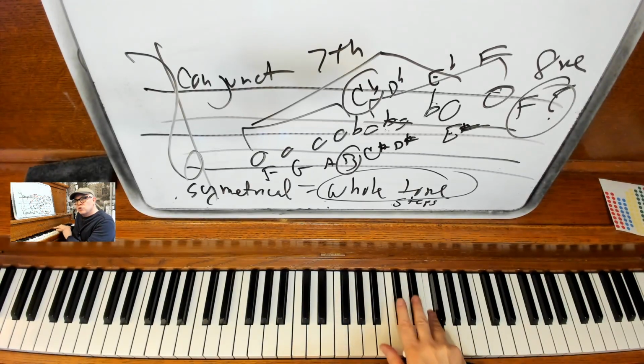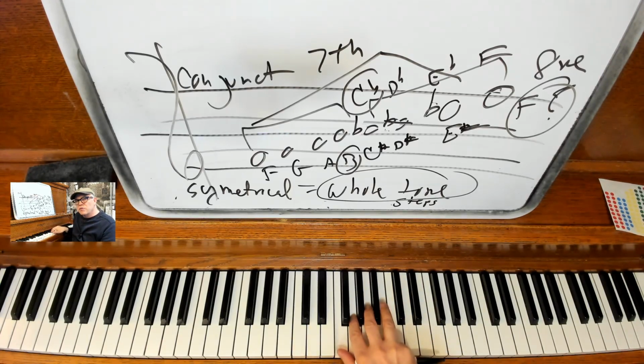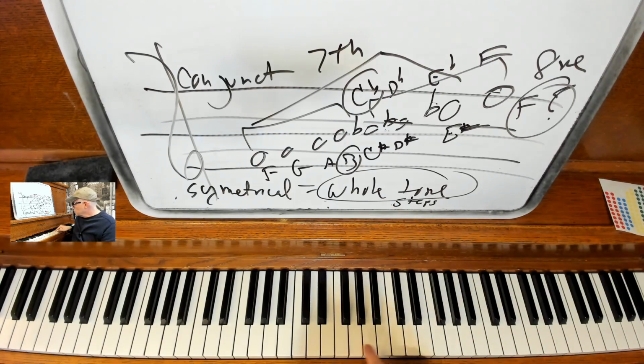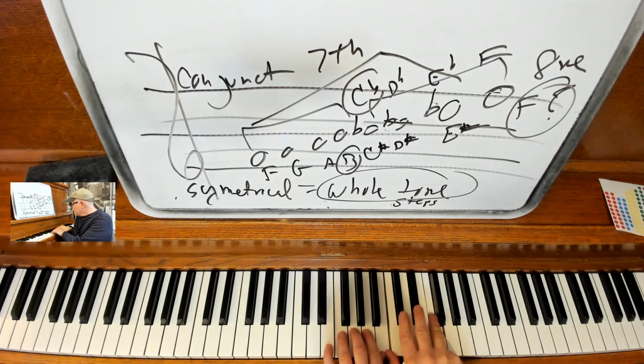This tetrachord, this group of 4 notes, is sharing a group of notes right there. So the whole tone scale, 6 notes essentially, or 7, could be thought of as 2 conjunct tetrachords.